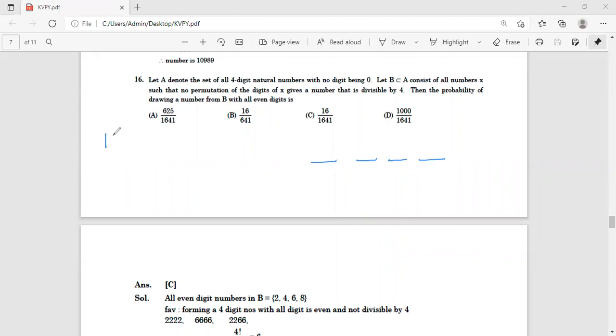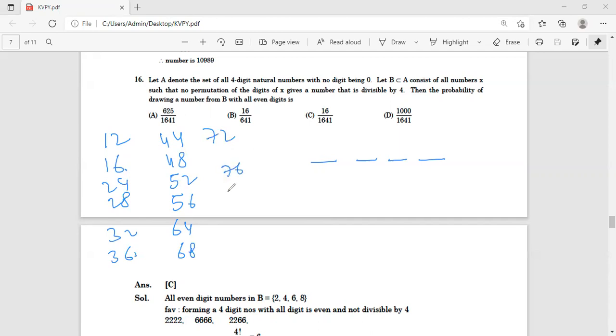If you observe, the possible last two digits divisible by 4 are 12, 16, 24, 28, 32, 36. I'm just writing it for your reference, but for solving, even this is not required. It is just for understanding, I'm writing it here.